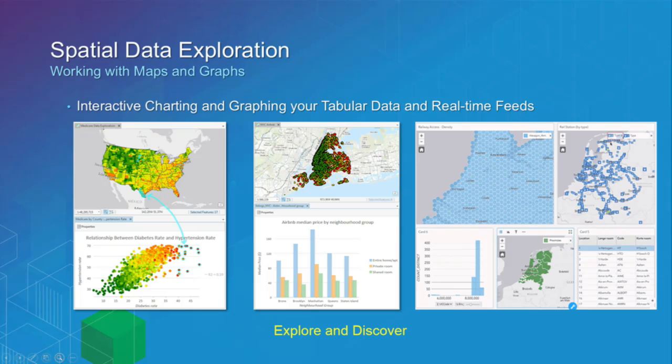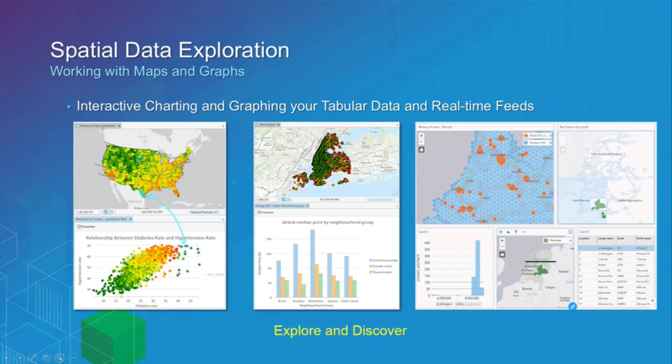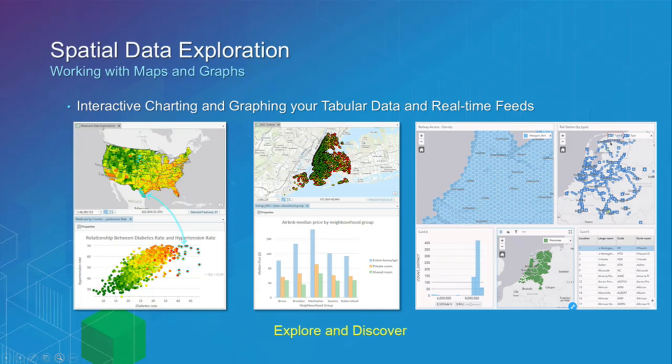And I think this year we're showing insights, and we're also showing a number of new capabilities in ArcGIS Pro that really bring these two aspects of spatial data exploration to life: interactive mapping, interactive charting and graphing, and then the marriage of those two is really key.